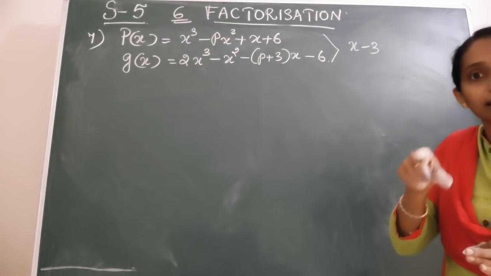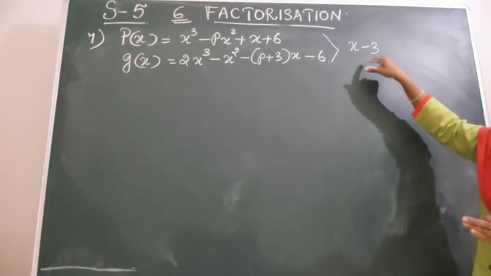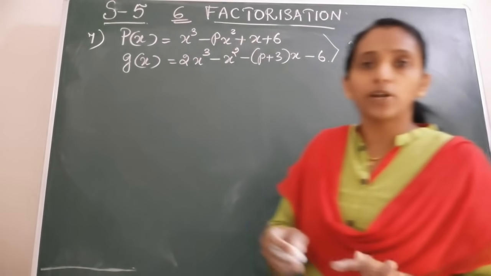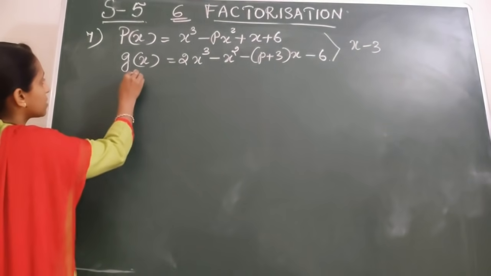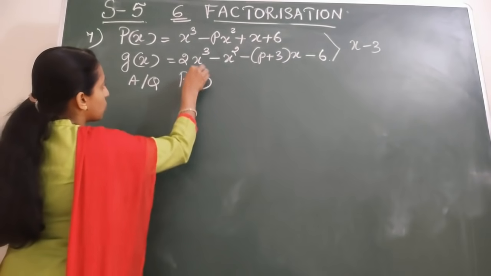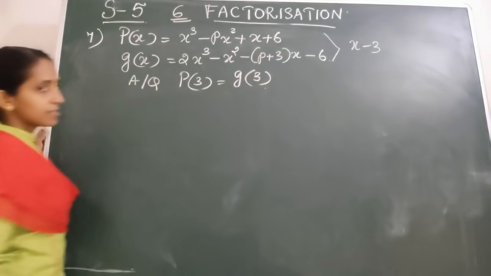Both the polynomials leave the same remainder. How will you calculate the remainder? We are calculating the remainder by substituting the value of x in the given polynomial, right? So, according to question, p of 3 will be equal to g of 3. Got it?